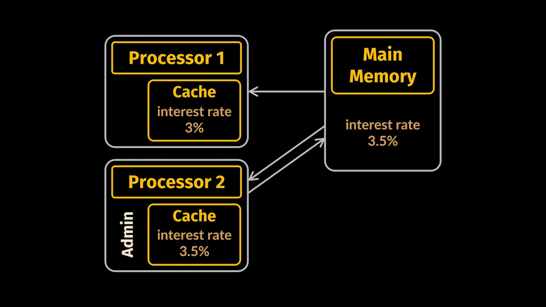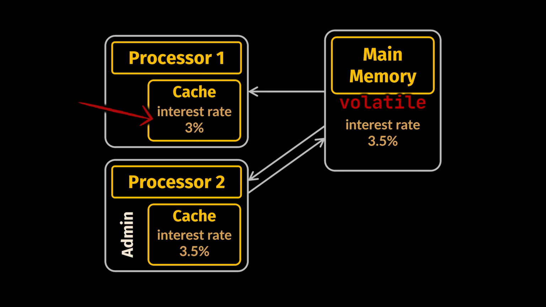But the thing is, processor 1 has already cached this value in its internal memory to avoid going back and forth to the main memory and provide a faster user experience. Therefore, the value used by processor 1 in its next operations will remain 3% instead of 3.5% until its cache is reset. Unless we define this field variable as volatile.